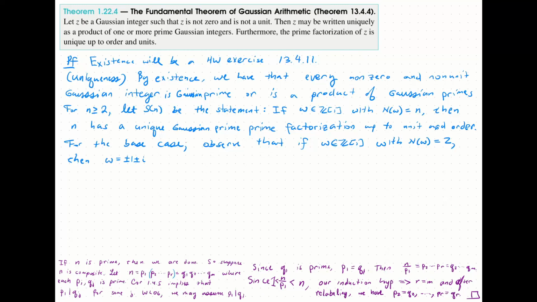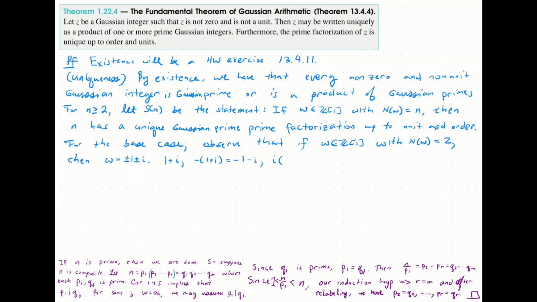Let's go ahead and now see the following. We have 1 plus i. So we're going to consider 1 plus i, and then multiply by units. So negative 1 times 1 plus i is just minus 1 minus i.